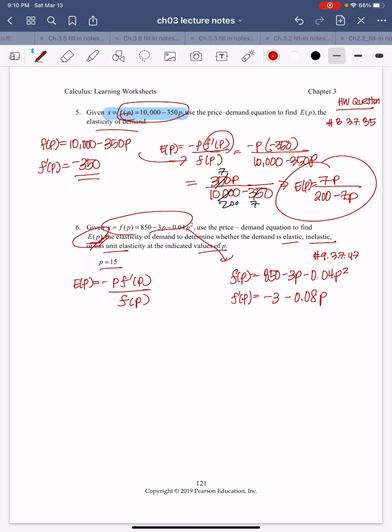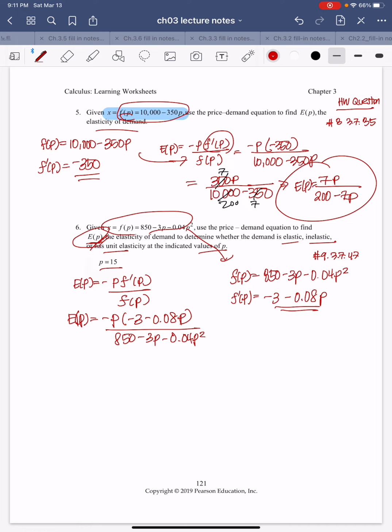Okay. So let's plug it in. So E sub p is negative p times f prime of p, negative 3 minus 0.08p, divided by 850 minus 3p minus 0.04p squared. Let's keep going.